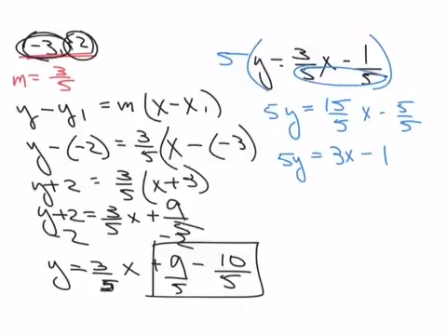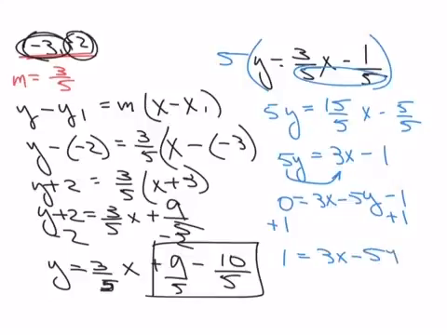And if you get your x's and your y's on the same side, and so if we took this and moved it over, we'd get 0 equals 3x minus 5y minus 1, and then we add 1 to both sides. So we get the number on one side and the numbers with the x's on the other side, and that is considered standard form. So next video.